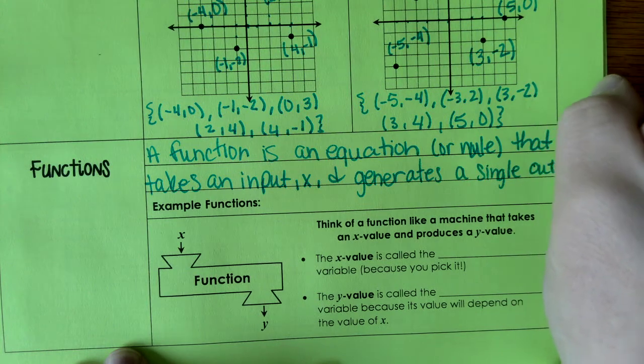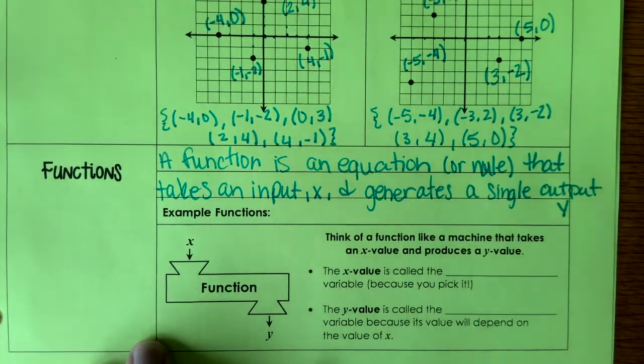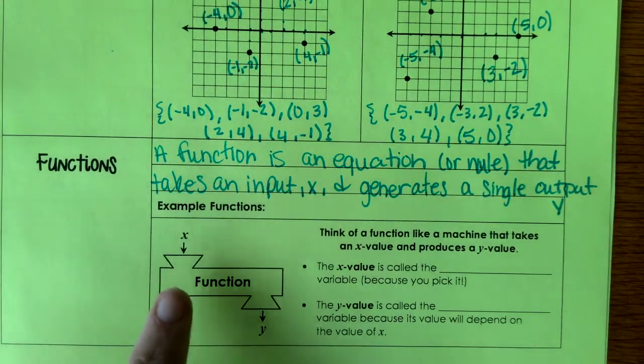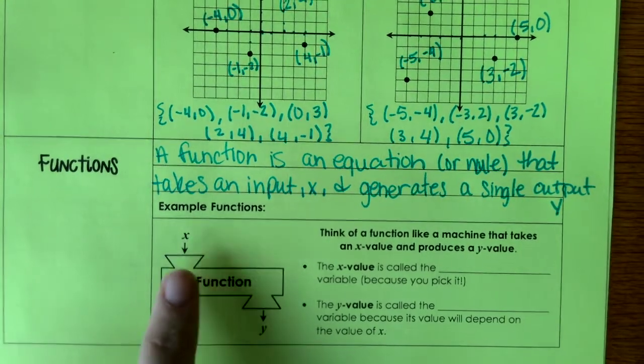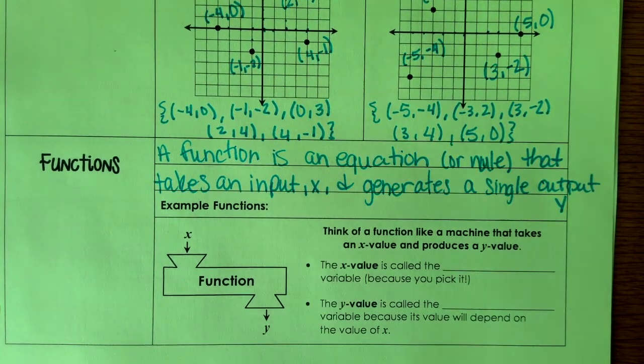And our output is our y. So what this is saying is I'm going to put an x into some equation, I'm going to do that equation, and then a single answer is going to come back, and that's our output. Okay, so that's what the definition of a function is.